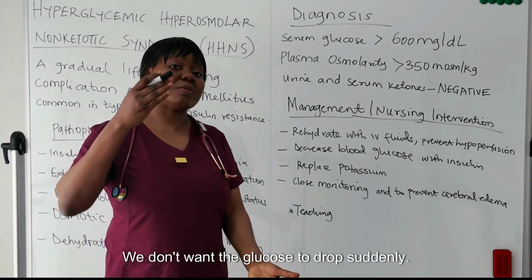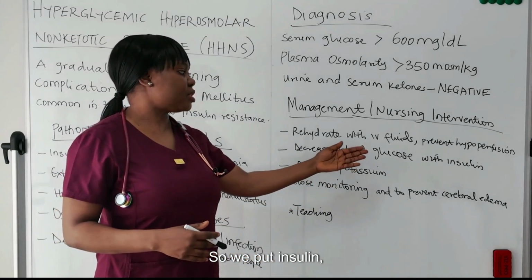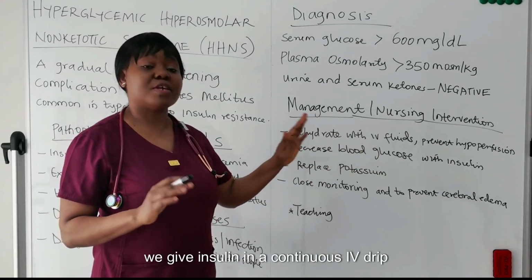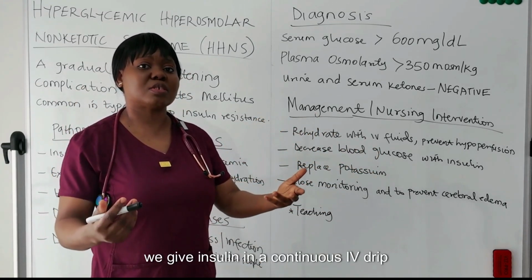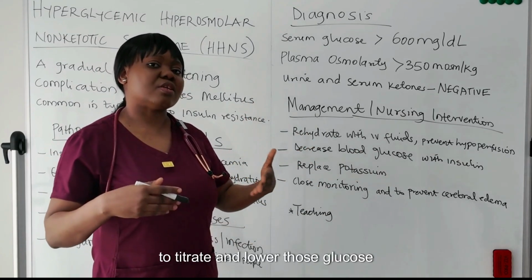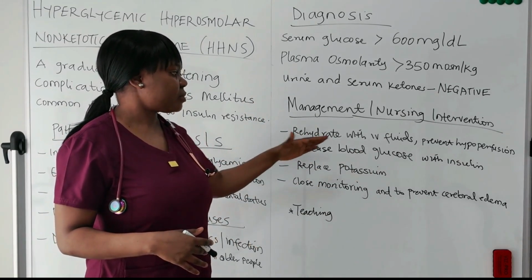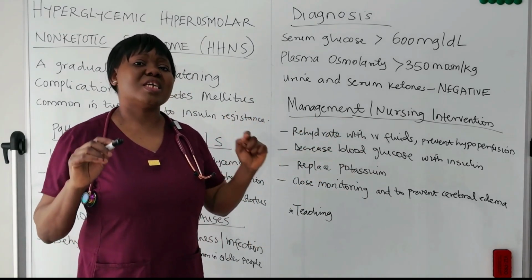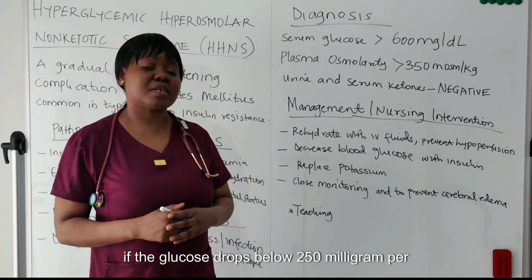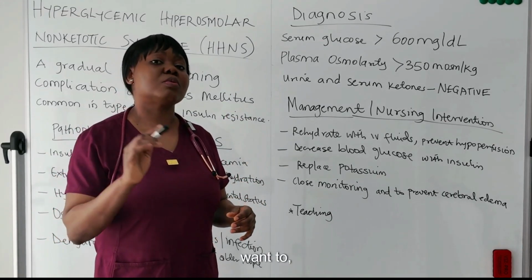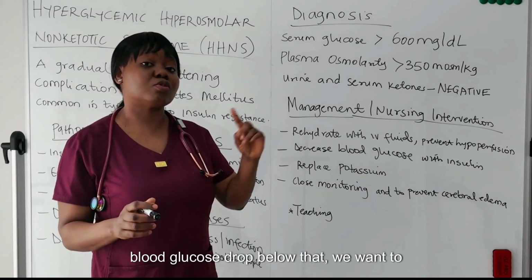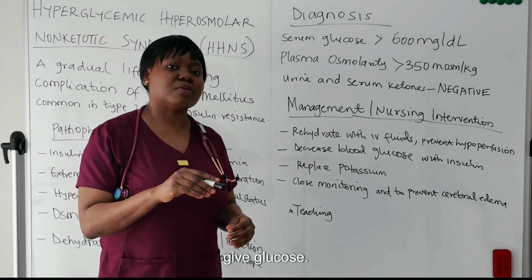We don't want the glucose to drop suddenly. So we give insulin in a continuous IV drip to lower the glucose gradually. While we are doing that, if the blood glucose drops below 250 milligram per deciliter, we want to give glucose.